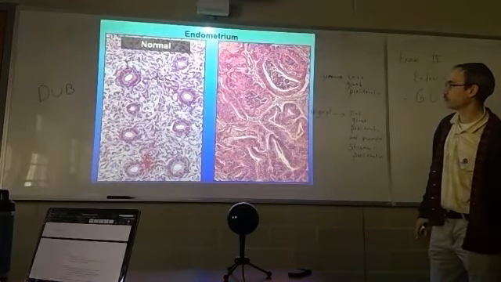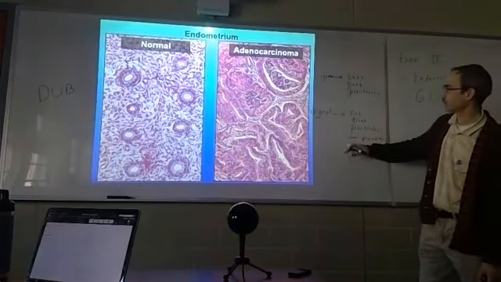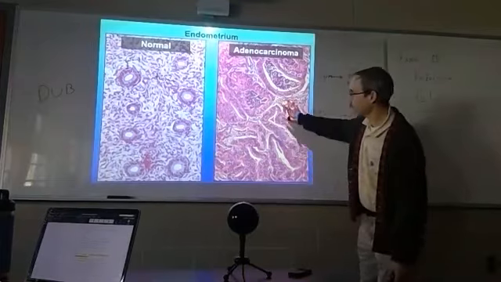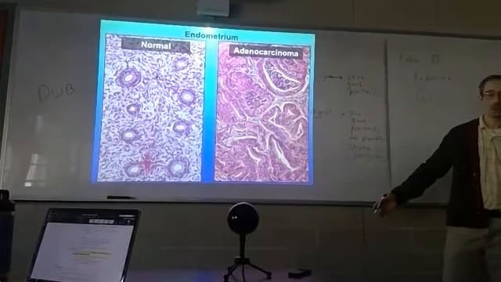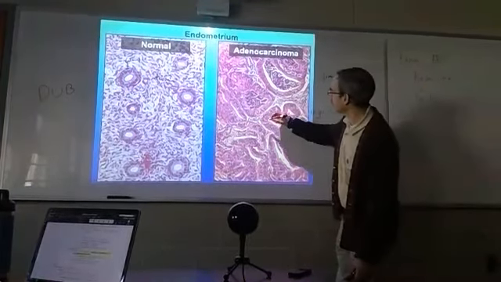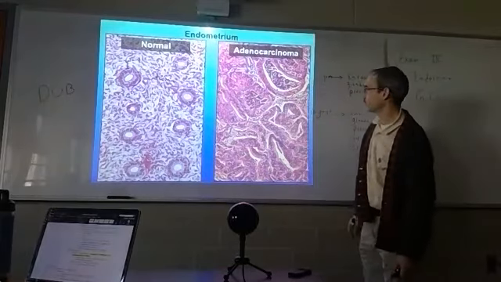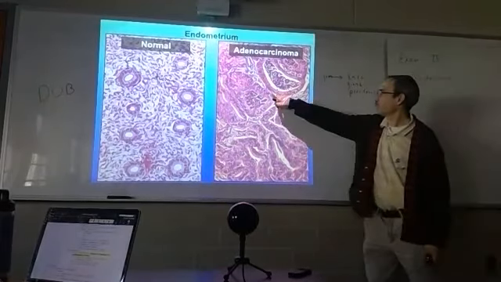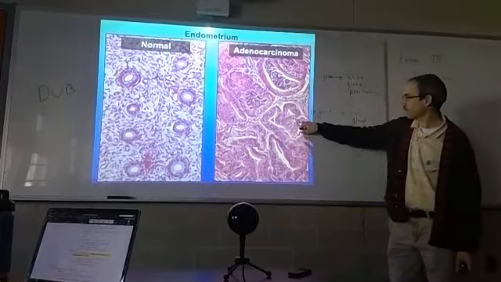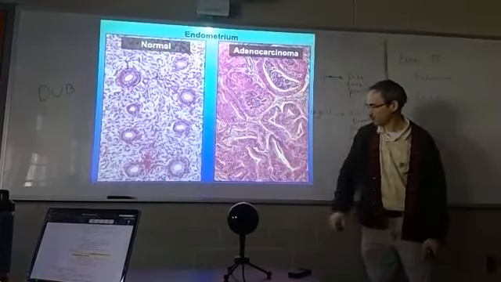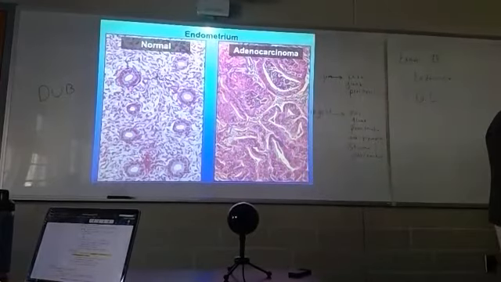That's normal endometrium. This is adenocarcinoma of the endometrium. Look at this. We've got crowded glands, very atypical looking glands. There's very little stroma between these glands. Some glands have no stroma between them. The epithelium of these glands is very crowded together, making very convoluted, pleomorphic, crowded looking cells.